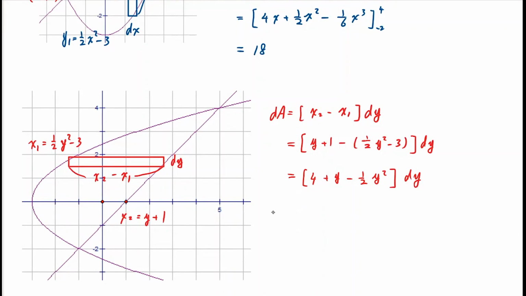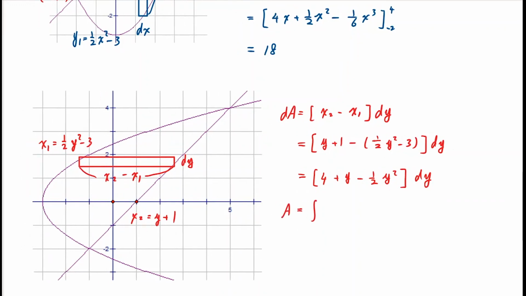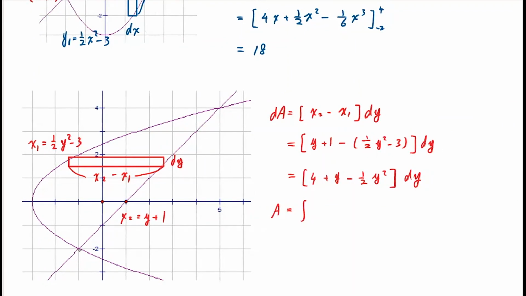So now our limits of integration. Now, let's be careful. Intersection here is back to -1, -2. And 1 over there is 5, 4, right? It's our y value. Y is moving from -2 to 4. You get that?